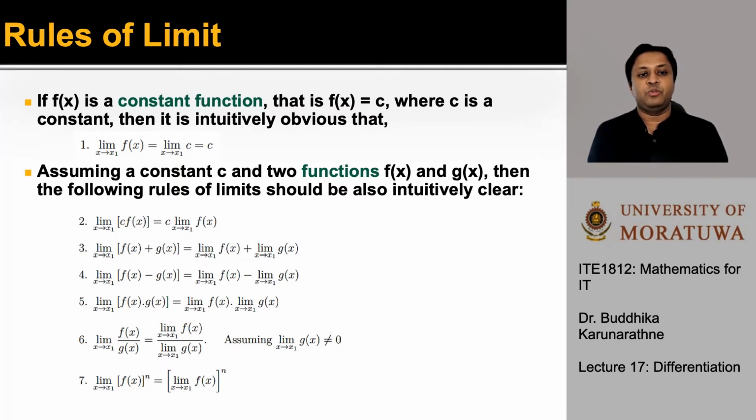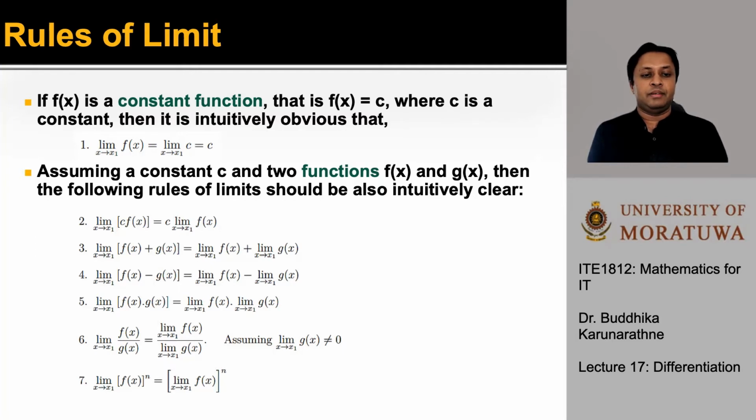So number 2, what you see is a constant times the function f(x), and you can write it as the constant times the limit of f(x) when x approaches x1. And on number 3, what you have is the limit of summation of two functions f(x) and g(x), but then you can separate those two functions and take the limits separately and simply add them. Similarly, for subtraction, multiplication, and division.